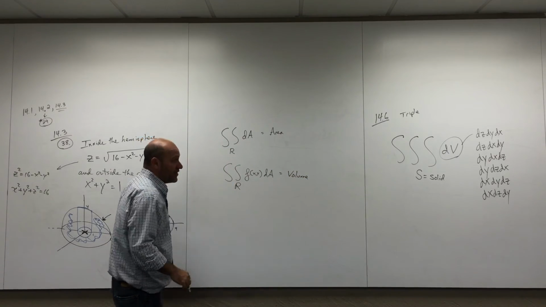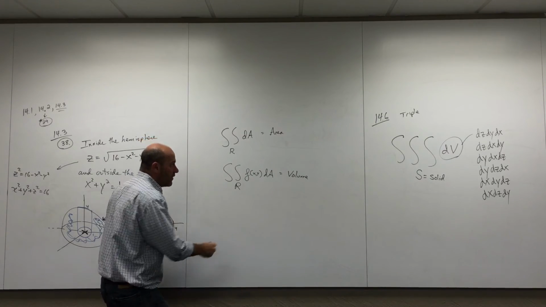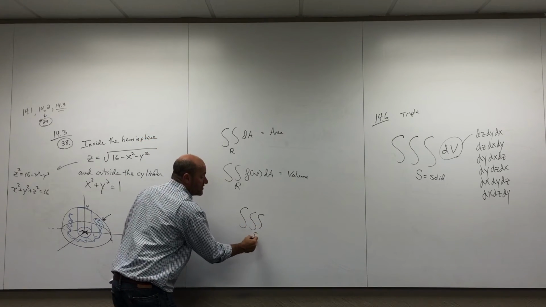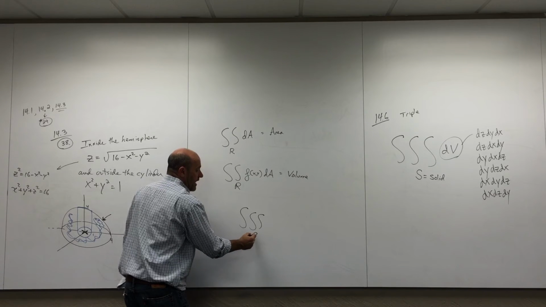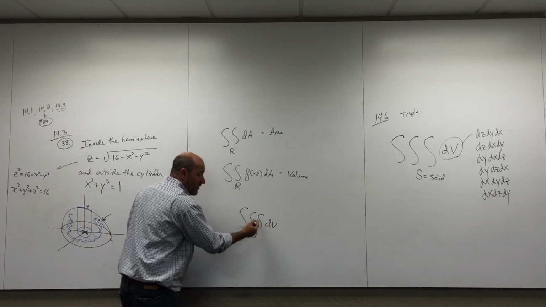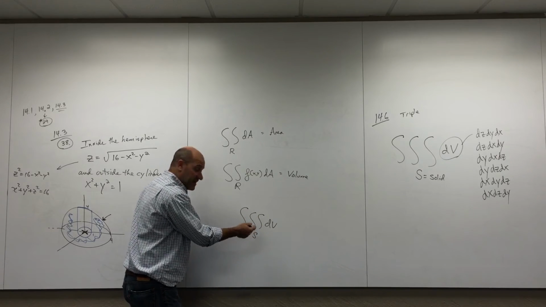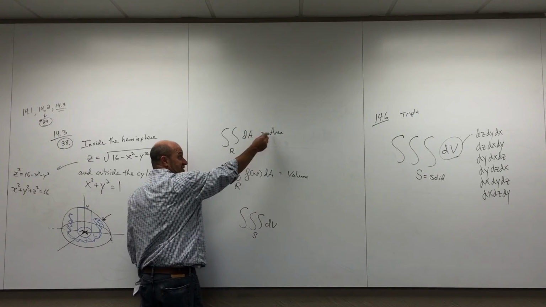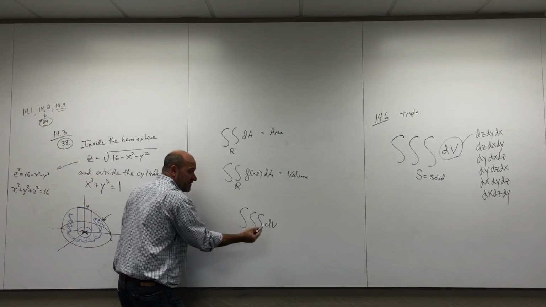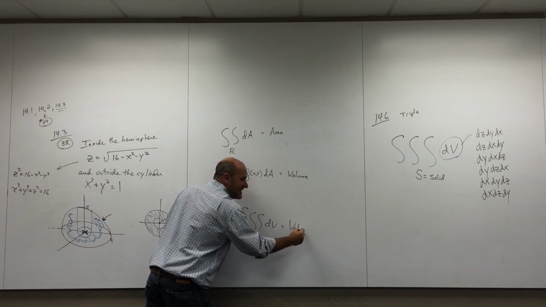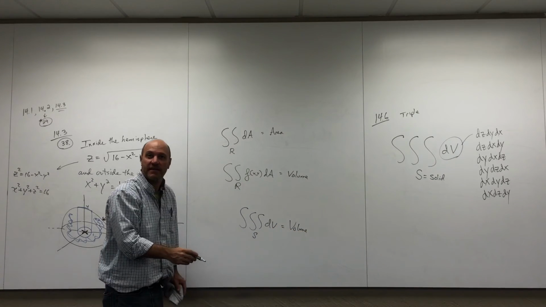All right, so now I'm in triple integral, and the analogy kind of continues. So a triple integral over a solid S with dV, without a function there, just a 1 there. So now this is volume, and it's the volume of the solid S. Kind of like this is the area of the region R. This is the volume of the solid S. But I guess maybe that's kind of a lie.